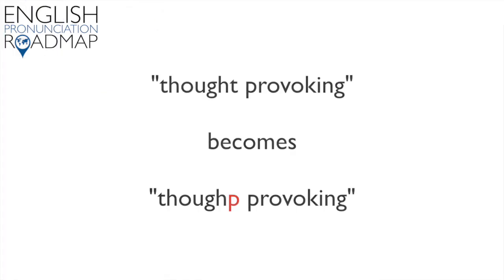But when there are 2 different consonants that meet between words, their pronunciation can completely change. So for example, in thought-provoking, the T at the end of thought is actually pronounced as a P. We don't say 2 P sounds, we only say one, but we slightly pause in order to indicate that there's a join between them.